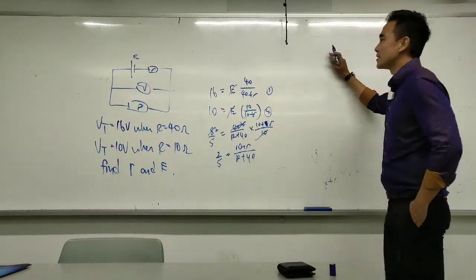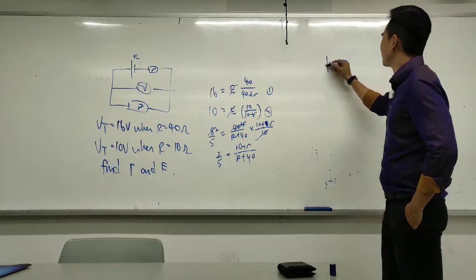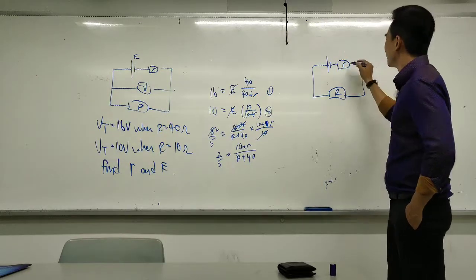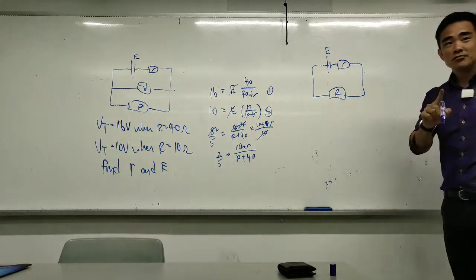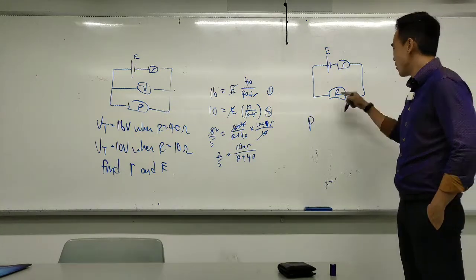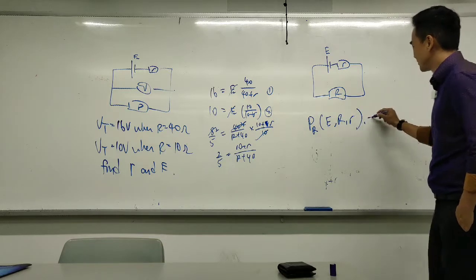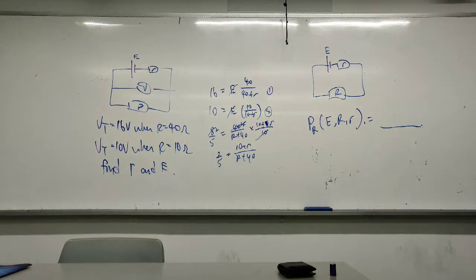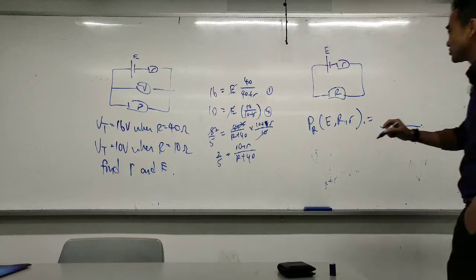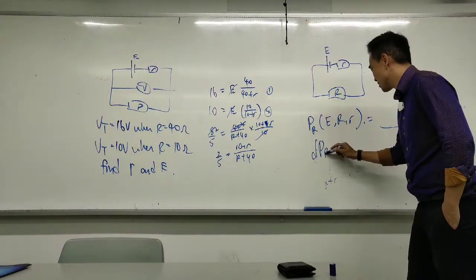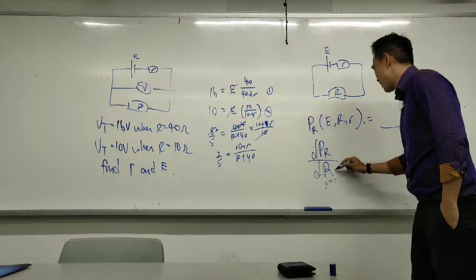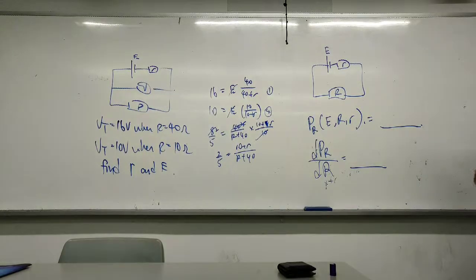Alright, so let's take a look. You have a big R over here and E over here. Can you derive an expression for the power of the big R in terms of E, small r, and big R? Then what you do is, I want you to differentiate this expression with respect to big R. And then guess what you're going to do with the expression?